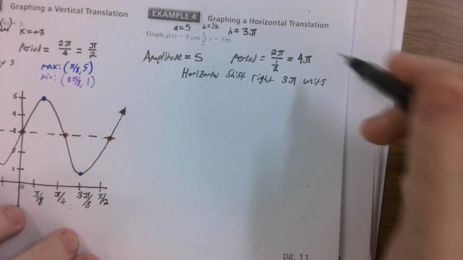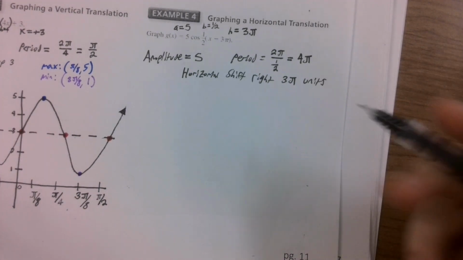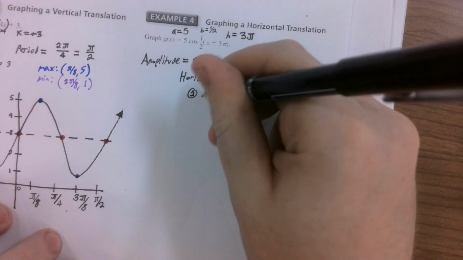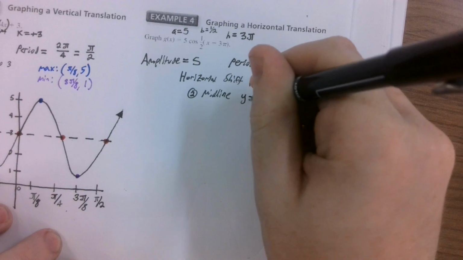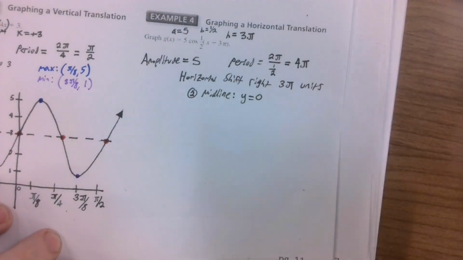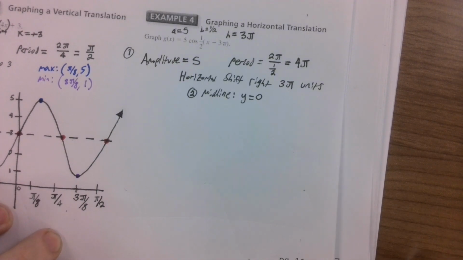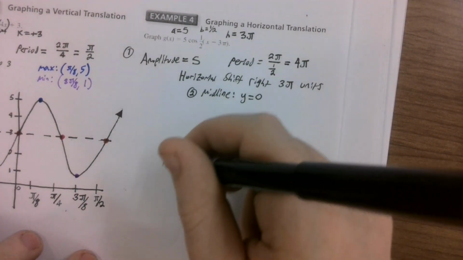Before we set up our graph, because we didn't have a vertical translation, we know that our graph is going to have a midline of 0. So here's step 2. The midline is going to be y equals 0, since we never really went up or down. And here was our first point. Now we just have to find our key points.